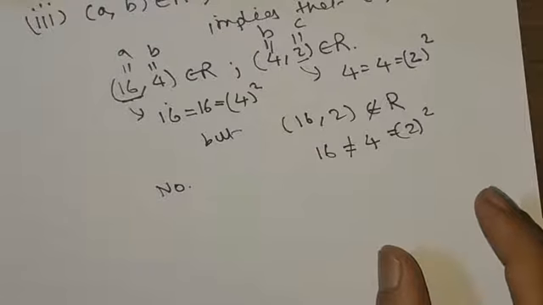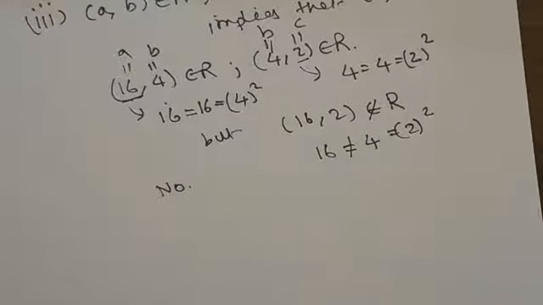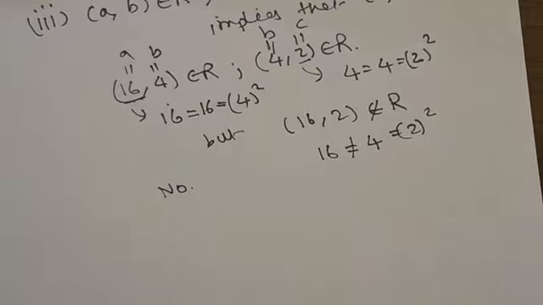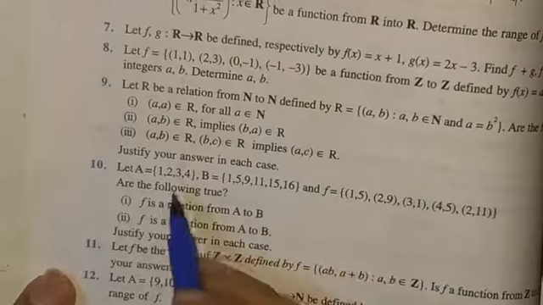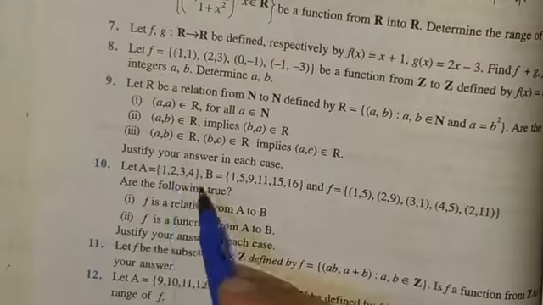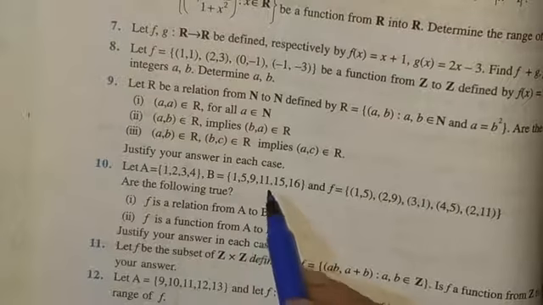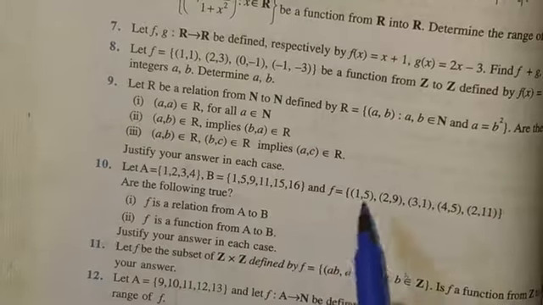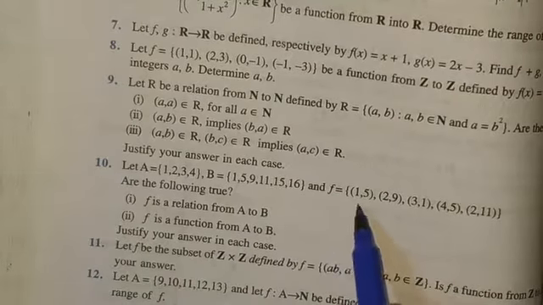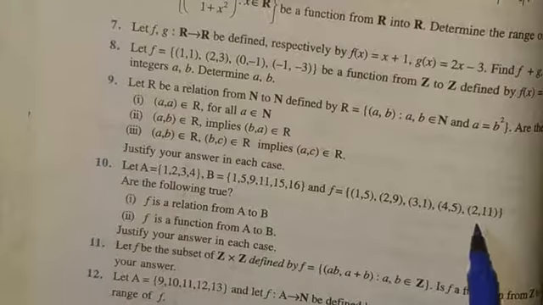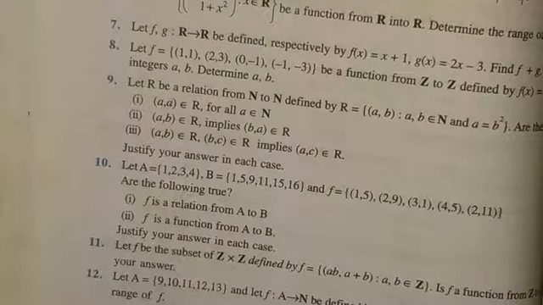That was the problem number 9. Now let us go to the problem number 10. Problem number 10 is, let A be equal to the set 1, 2, 3, 4, B be equal to the set 1, 5, 9, 11, 15, 16, and F be equal to the set (1, 5), (2, 9), (3, 1), (4, 5), (2, 11).